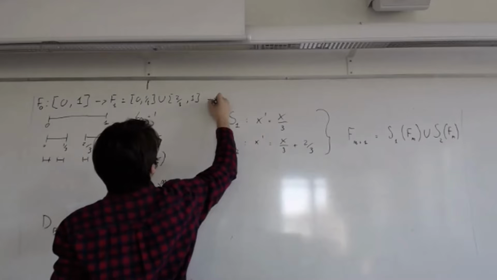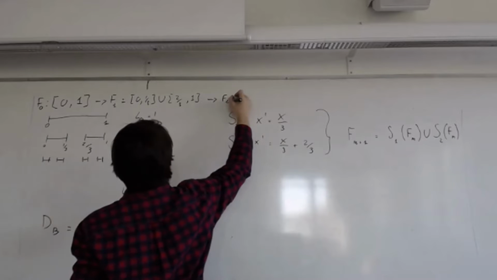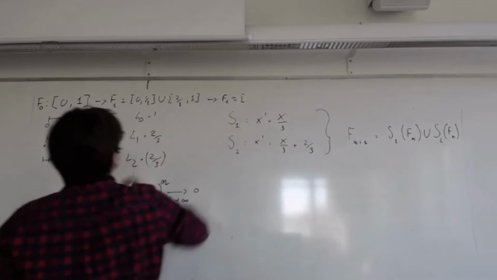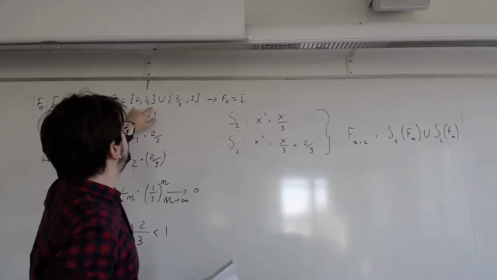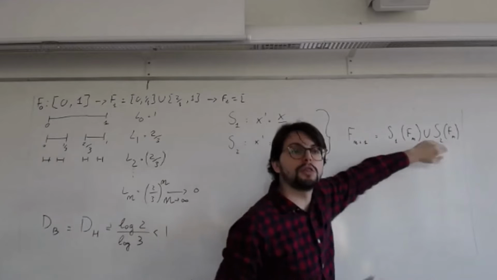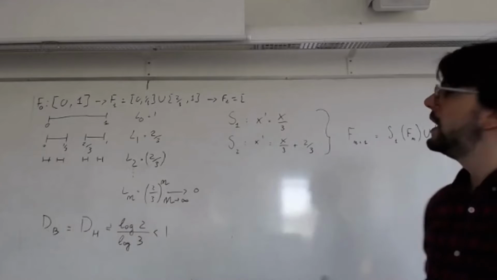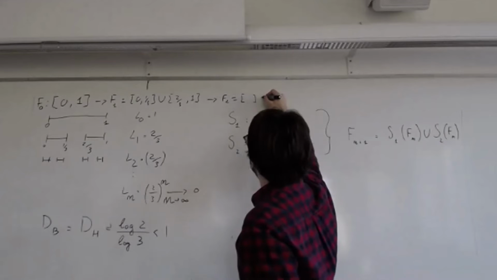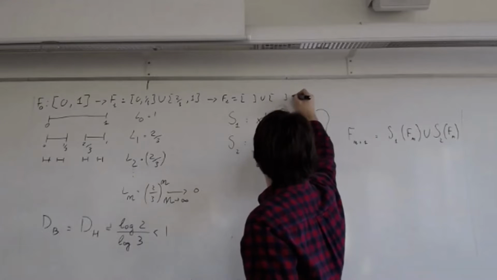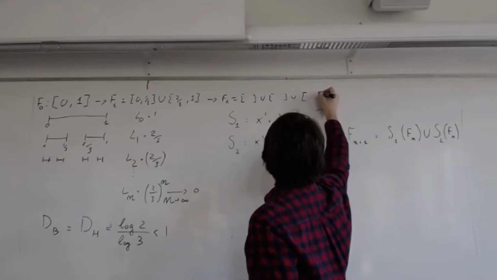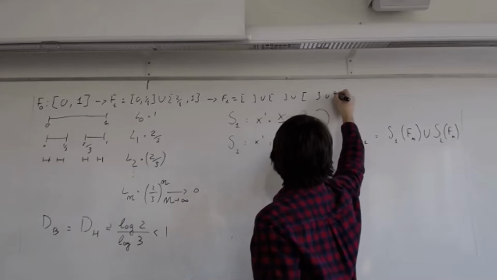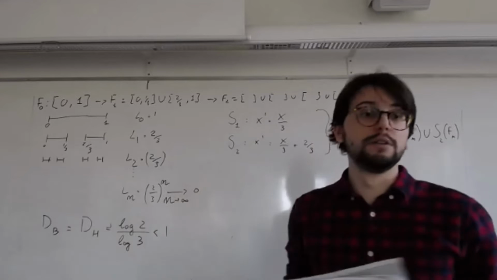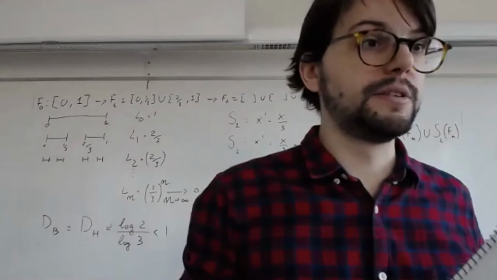And then F2 will be the same. I will have to apply these 2 maps to these two intervals, and this will give me 4 intervals that I'm too lazy to write or calculate. But I hope it's clear.